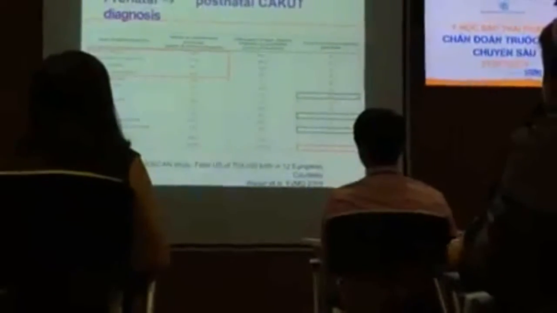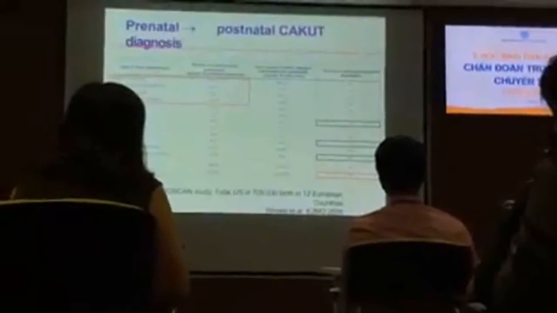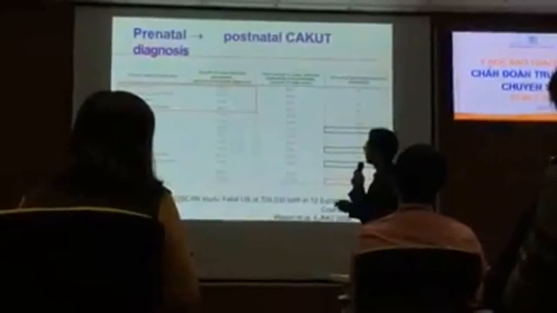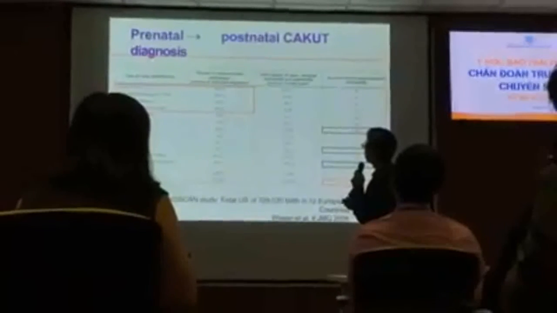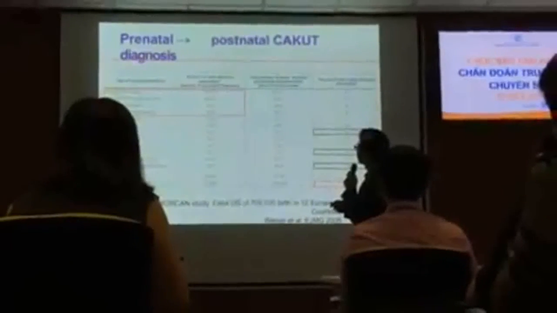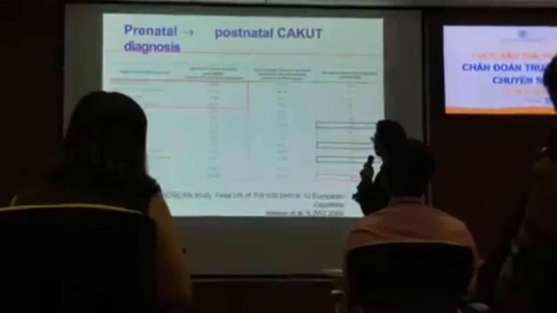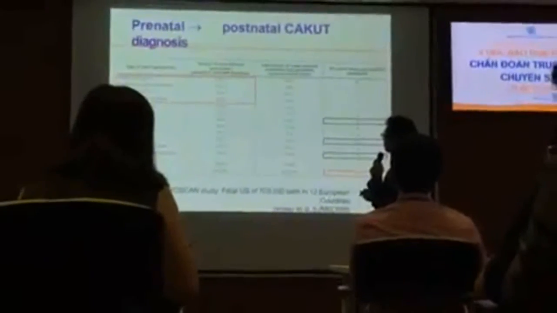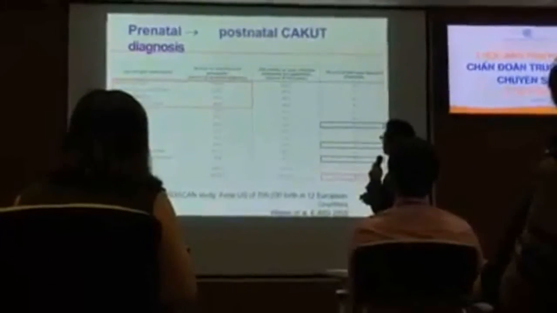This is a paper from the European Journal of Medical Genetics, on prenatal diagnosis of this. You can see dilatation of the upper tract, and the number of cases diagnosed. From the top four is dilated upper tract, and unilateral multicystic dysplasia 11%, unilateral renal agenesis 4%, bilateral renal agenesis 9%.